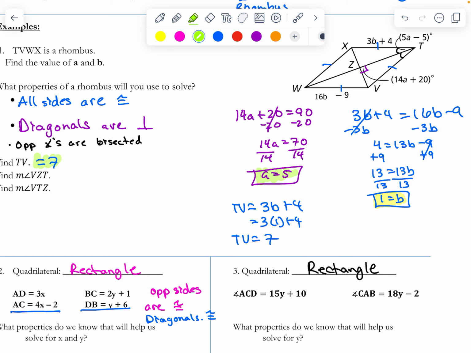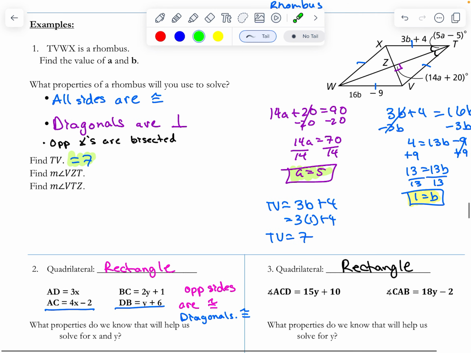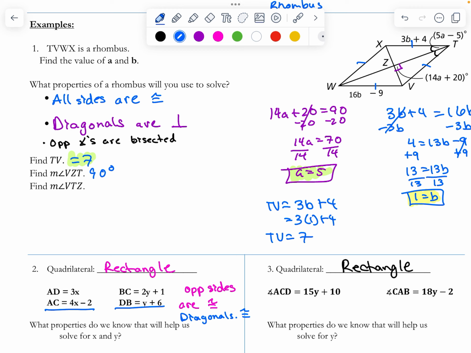Next, we are looking for VZT. Well, that's simple. What is it? That's 90 degrees. We already said that, right? So this is going to be 90 degrees. Wait, Martinez, hold up. Why are you putting 90 degrees? Why aren't we plugging anything in?